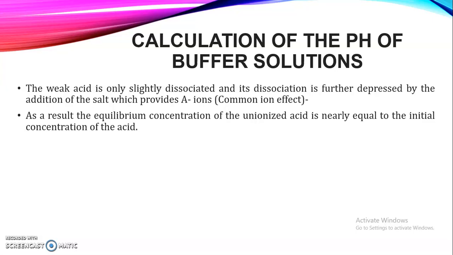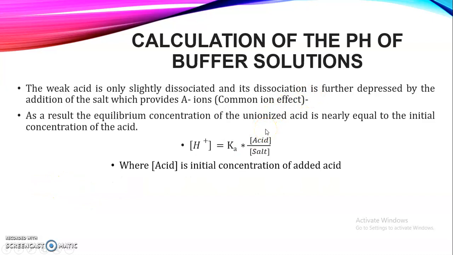So the concentration of HA can be replaced with the initial concentration of the acid, and the A- in the previous equation can be replaced with the concentration of the salt, as you can see here. The concentration of acid is nothing but the initial concentration of acid that we have added, and this term is represented as the concentration of the salt.